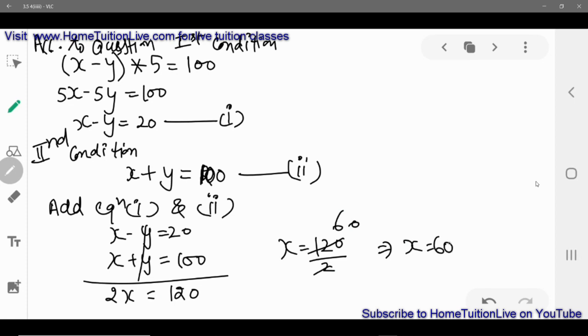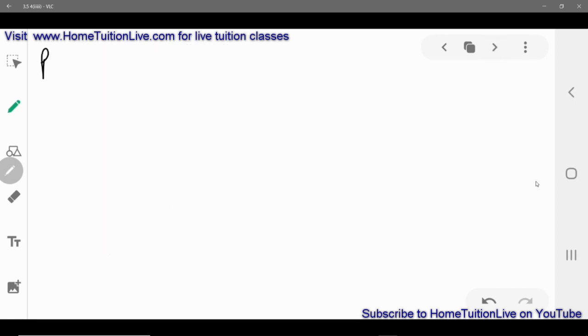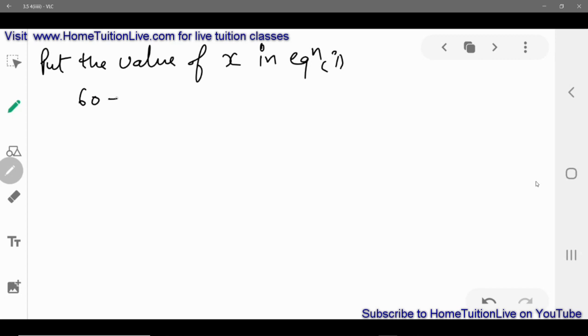Now put the value of x in equation 1. So x is 60, 60 minus y is equal to 20. So 60 minus 20 is equal to y, that is y is equal to 40.